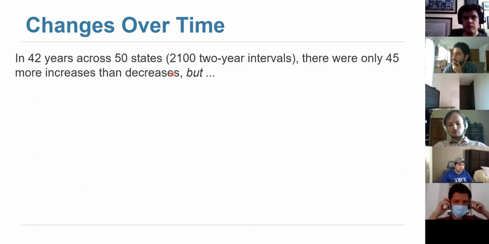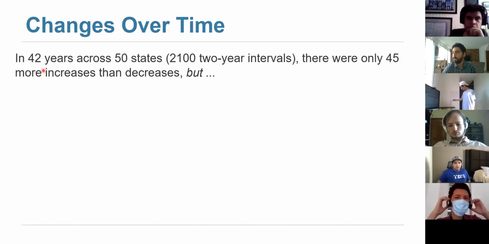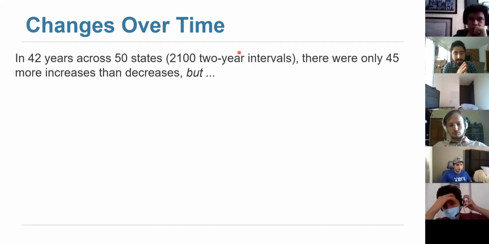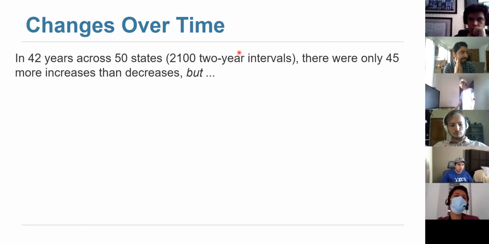In a 42-year period with 2-year intervals, you can have 2100 different combinations of increase and decrease, for example increase, increase, decrease, increase, increase, or increase, decrease, increase, decrease.